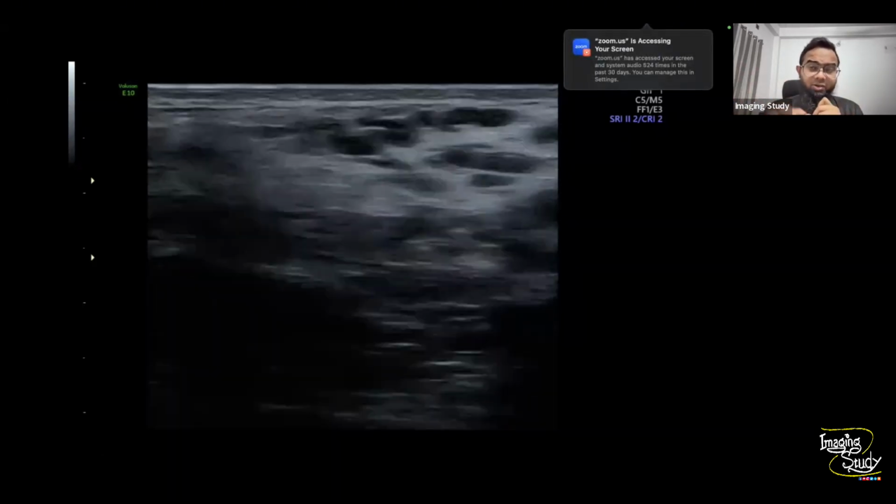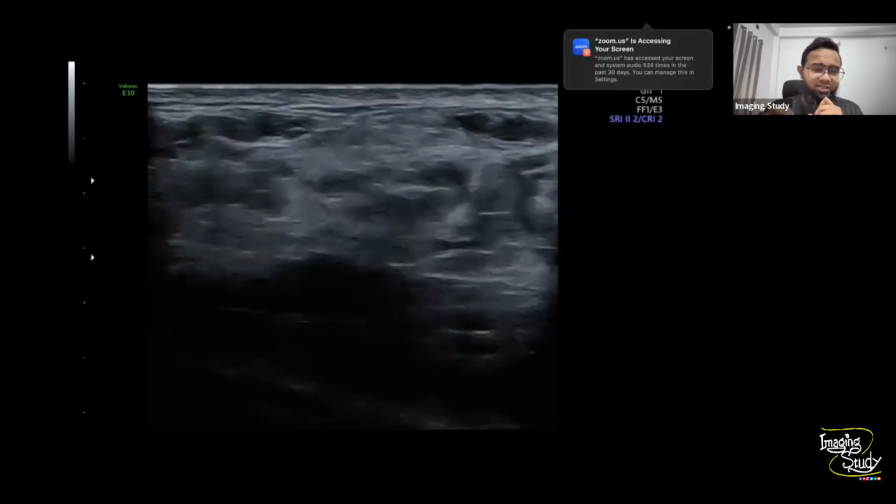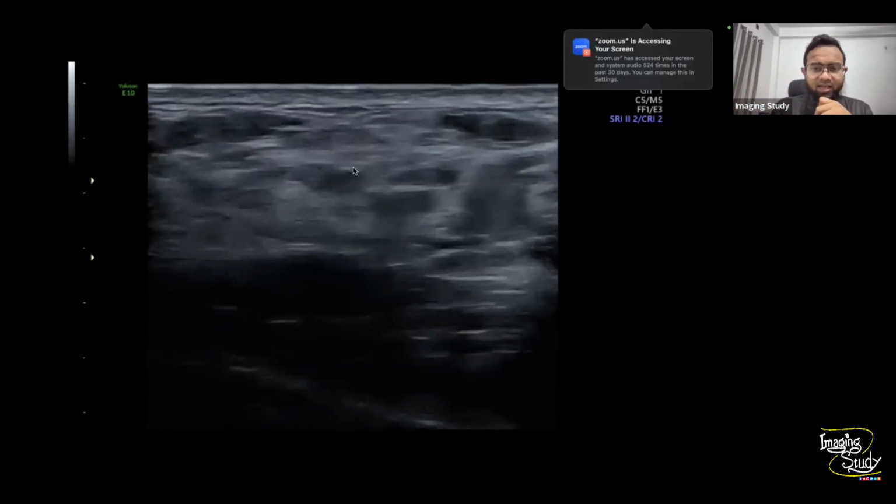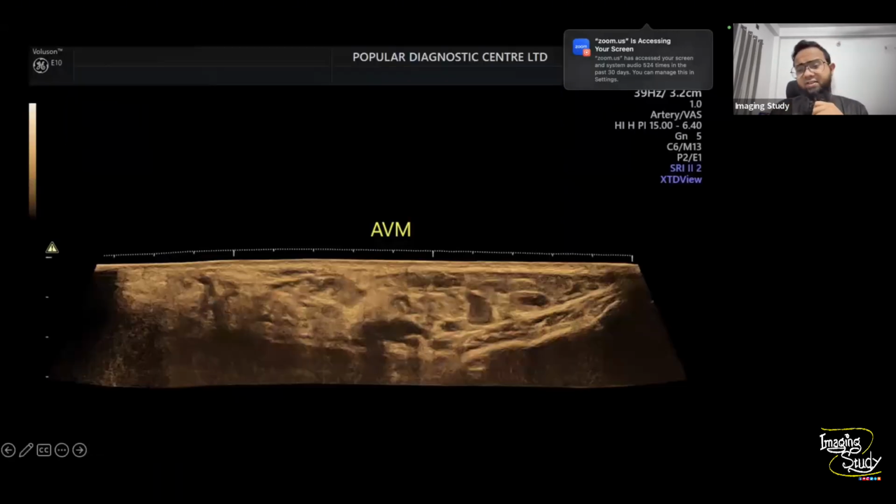It will be very difficult to solve this case for the vascular surgeons, I think. Okay, so let's jump into the picture. I have taken a panoramic shot, not a very good one, but still throughout the forearm, you can see at the posteromedial aspect, this lesion is present.